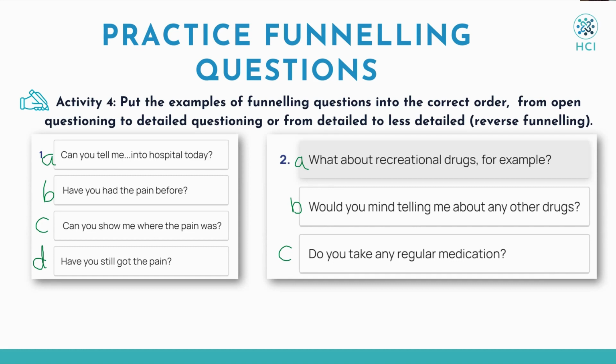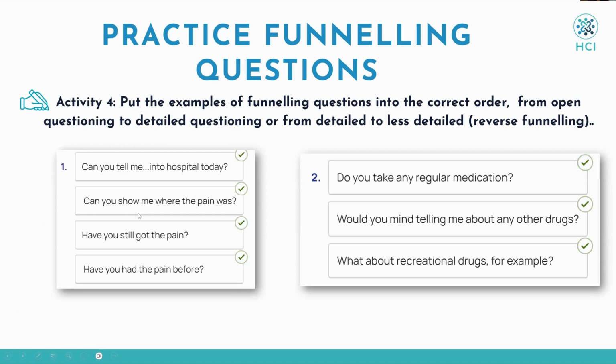So let's have a look at the most logical way to order our sentences. So for group 1, we have A, can you tell me why you came to hospital today? C, sorry, can you show me where the pain was? D, have you still got the pain?